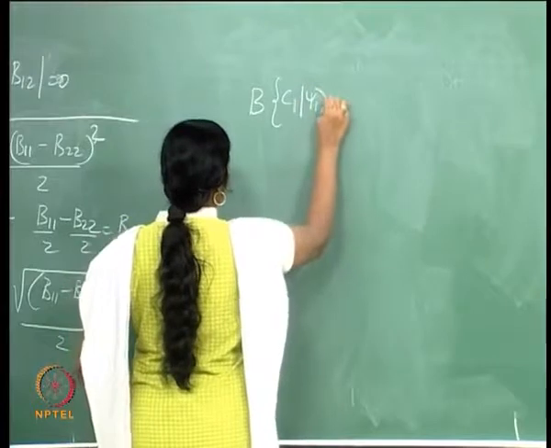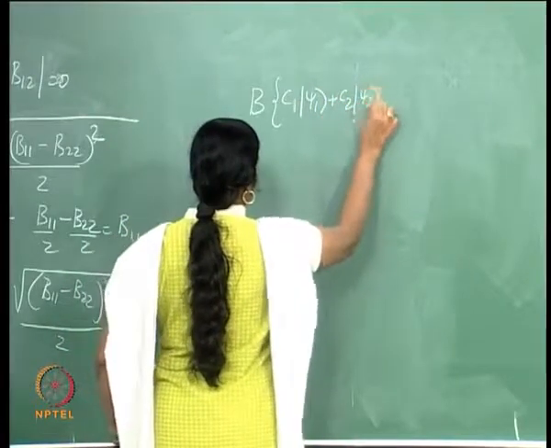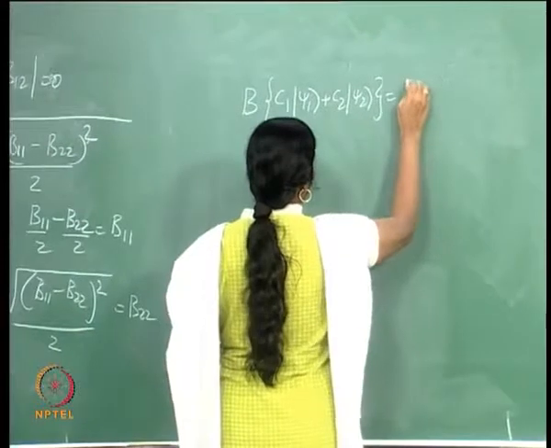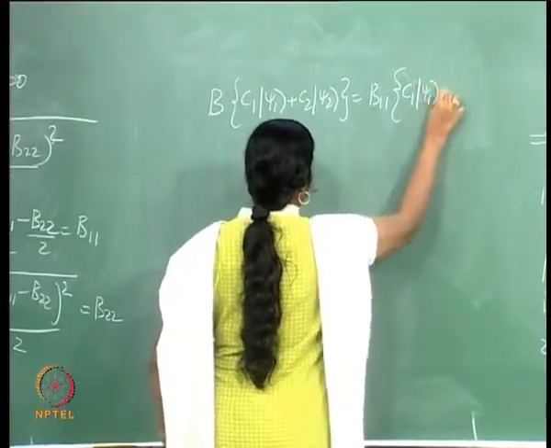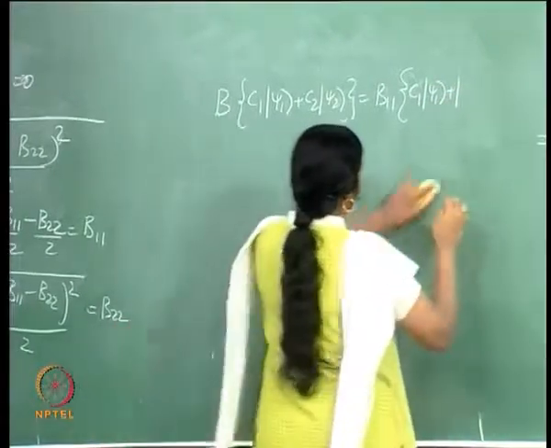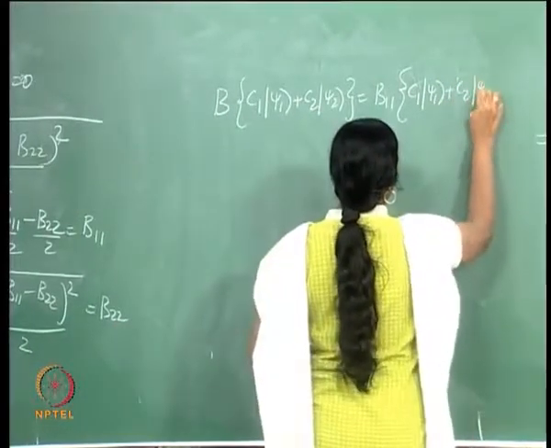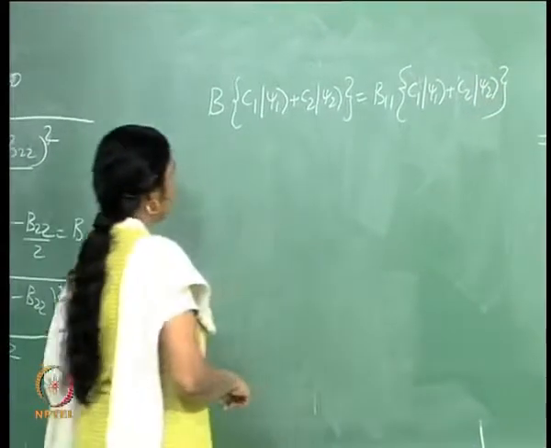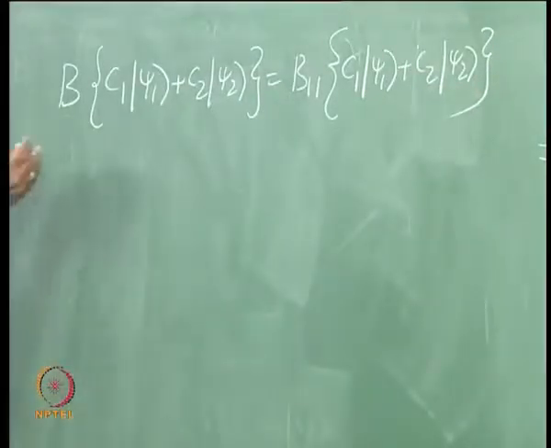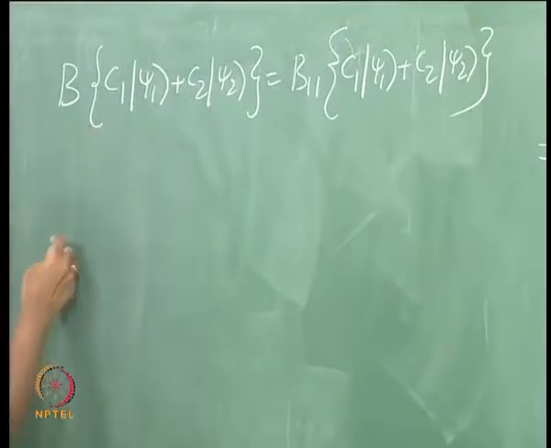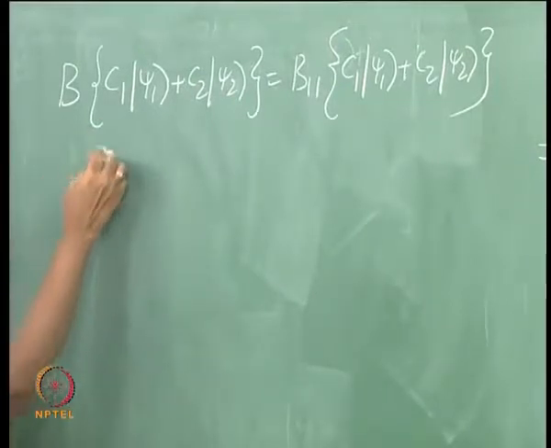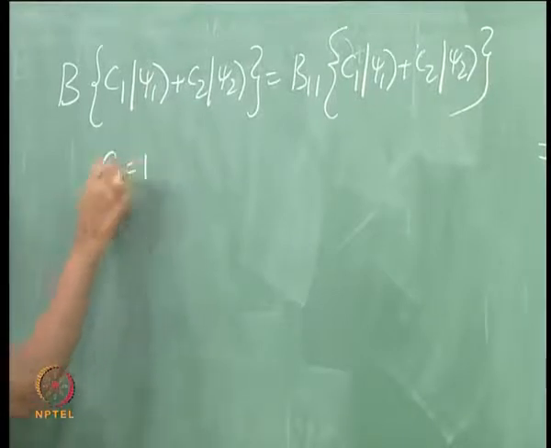B acting on C1 psi 1 plus C2 psi 2 is equal to B11 times C1 psi 1 plus C2 psi 2. So let me consider this. Similarly, I have another eigenvalue B22 and I have some superposition. So let me consider this, and let me look at C1 equals 1 and fix C2.